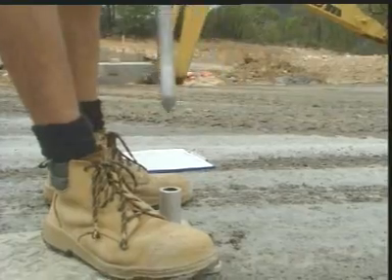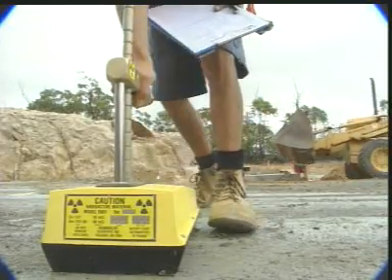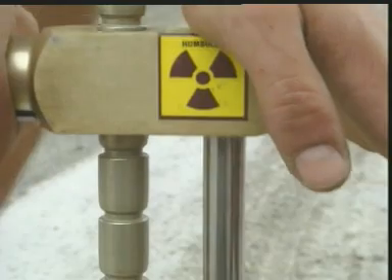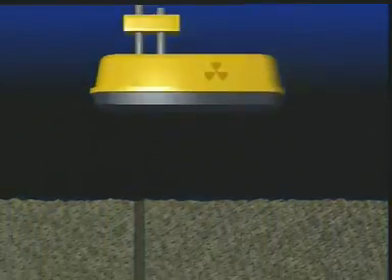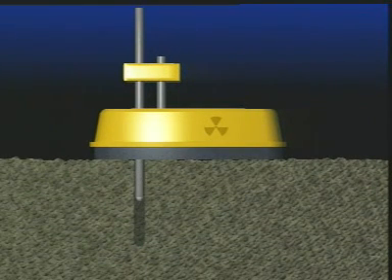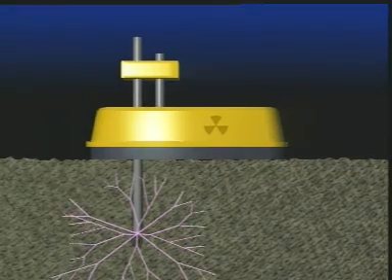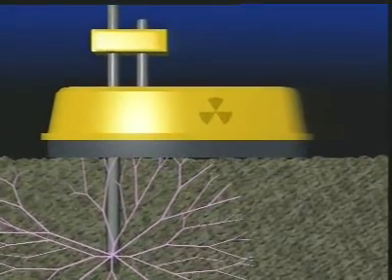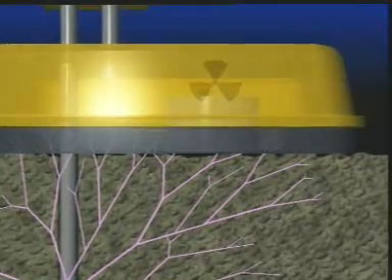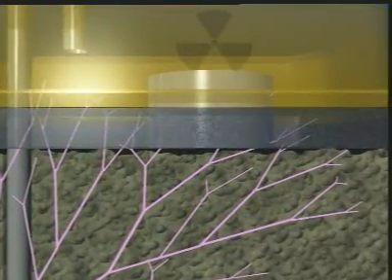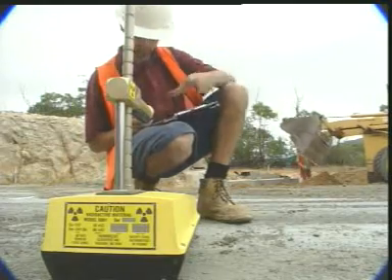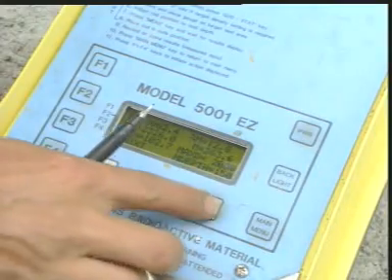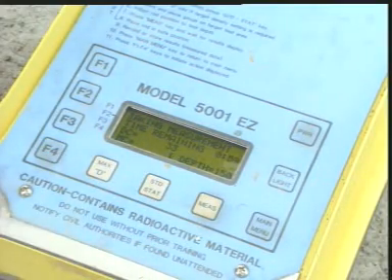Then, the densitometer's probe is inserted into each hole. The tip of the probe contains cesium-137, which gives off gamma rays. These are scattered as they bump into atoms in the road, giving gamma rays of different energies. Medium energy gamma rays pass into a chamber where they are counted over a 1-minute period. The more dense the road, the smaller the number of counts per minute.